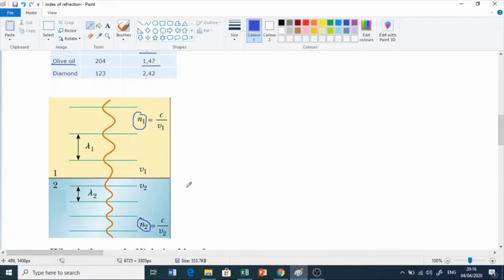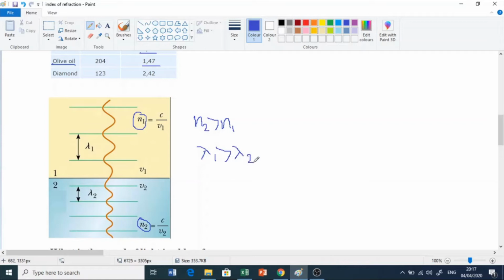When light is moving from one medium to another, what changes? In this case, n2 is bigger than n1. And as you see, the wavelength in the medium which has the smaller index of refraction, lambda 1, is bigger than lambda 2.